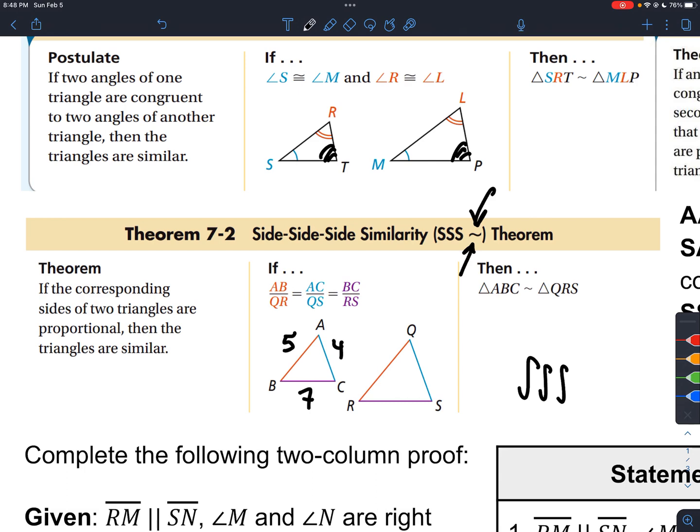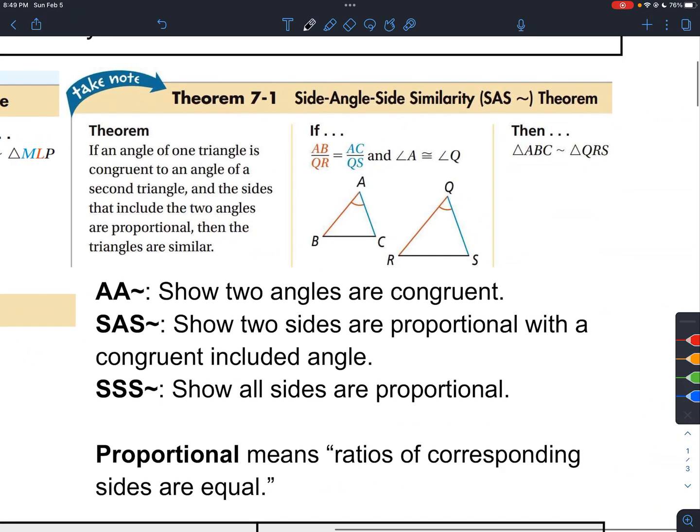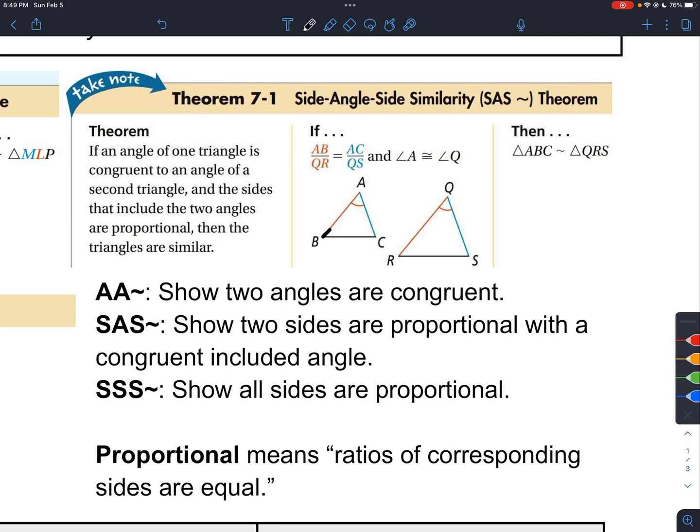Well, if this was a 5, and then a 4, and then a 7, and this magically became this, we would know that those sides are in proportion because they have a common scale factor. You multiply one to get the other by multiplying by 2, right? So being proportional, which is having this sort of relationship here where two equal ratios, it's really no different than having a scale factor. And I find the scale factor is easier to work with.